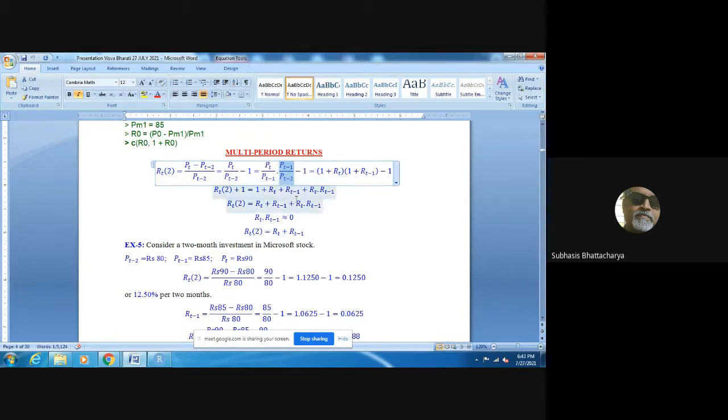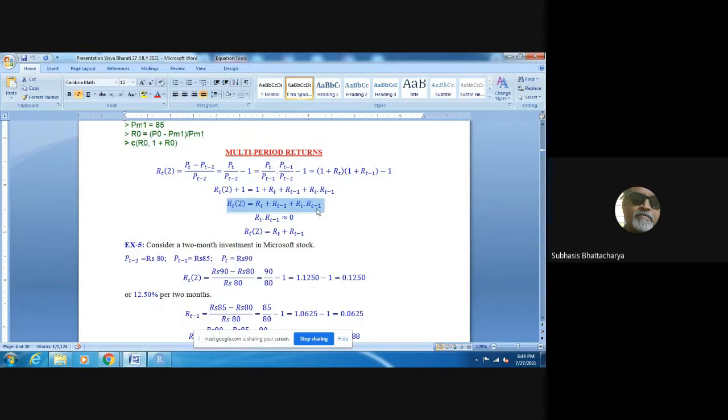So obviously PT minus 1 by PT minus 2 can be written as 1 plus RT minus 1. This 2 is written because it is considered in 2 periods, for notation. If I transfer the 1 to the other side, RT(2) plus 1 is equal to the multiplication of these two terms. If I multiply these two terms, this one cancels, and the relationship is this.